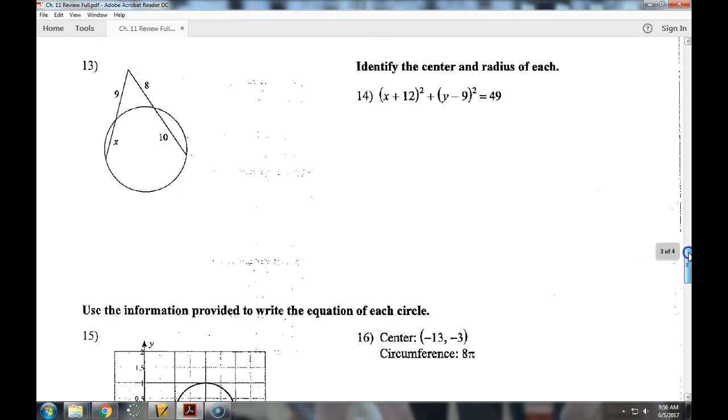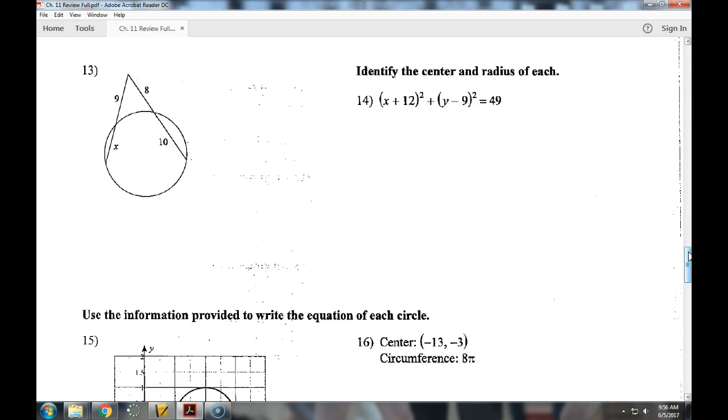Moving on down, number 13. 13 looks like two secants. So secant times another secant. So remember, these ones are the whole times the outside of one is the whole times the outside of another. And so let's do this one first.